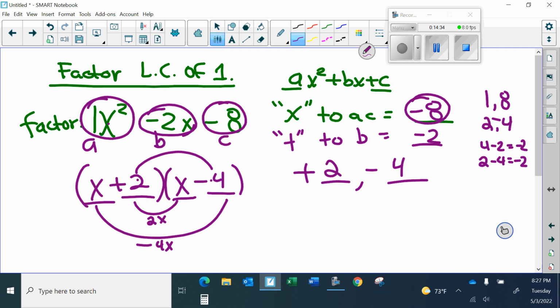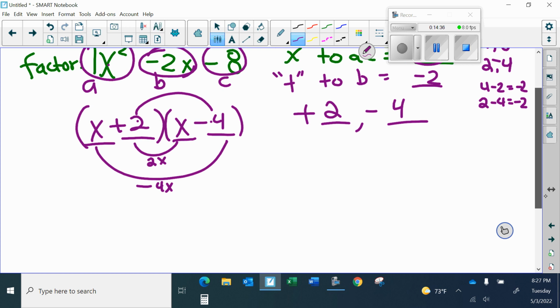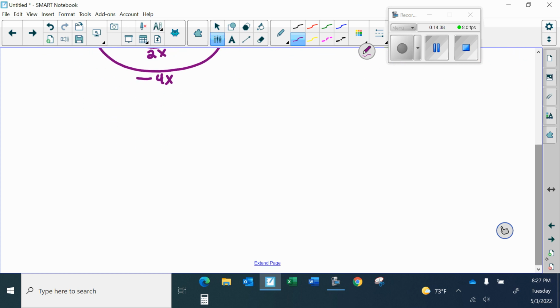Okay, let's do one more, a little higher level, let's say x squared minus 3x minus 54. One of the major things with factoring is you have to be good with your integers. Otherwise, you'd have to use a times table to help you out.